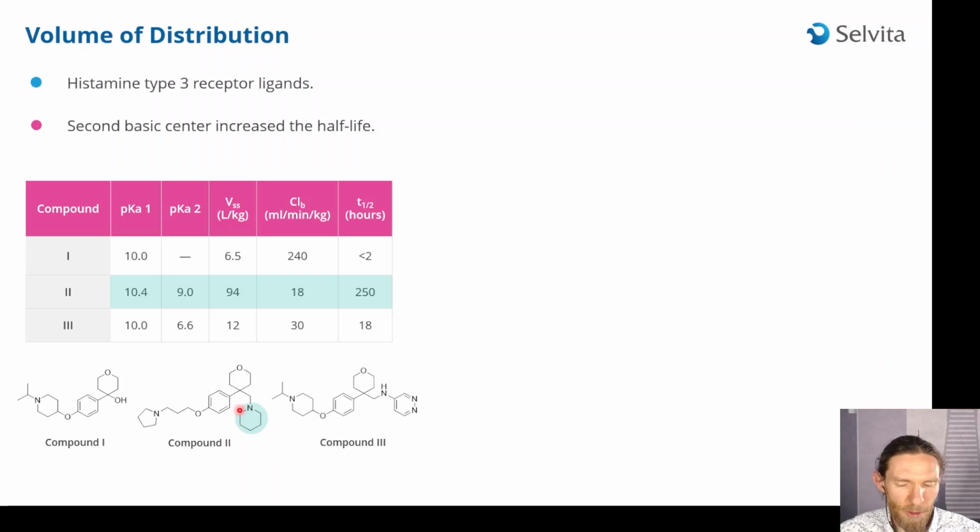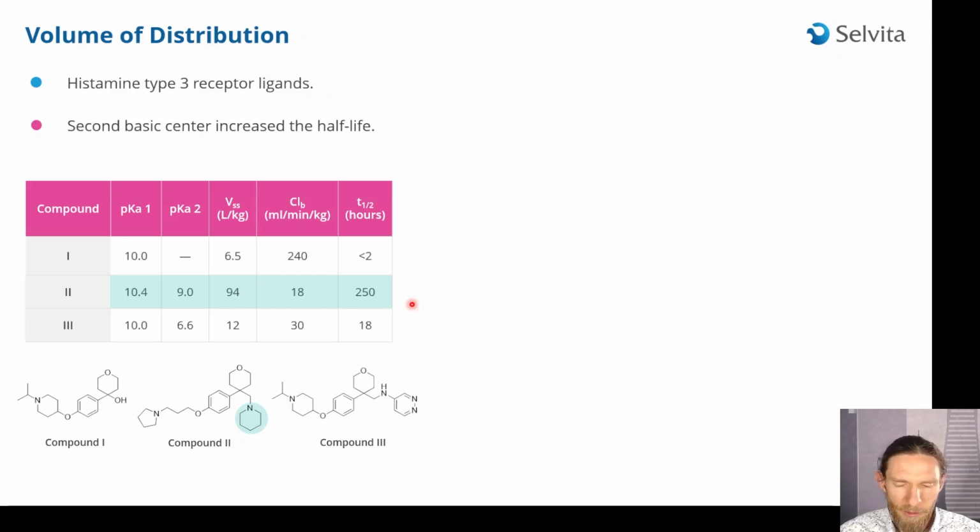Compound 2 was equipped with a strongly basic center, piperidine, and compound 3 with a weakly basic heterocyclic center. So the impact of the nature of the second basic center on the properties of the molecule is clearly visible in the table. Compound 2 has the highest volume of distribution of 94 liters per kilogram and the highest half-life of 250 hours.